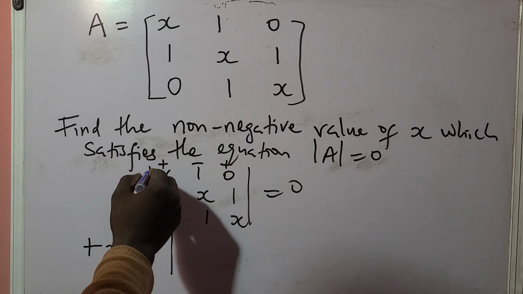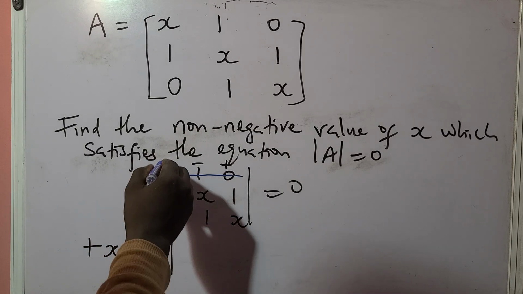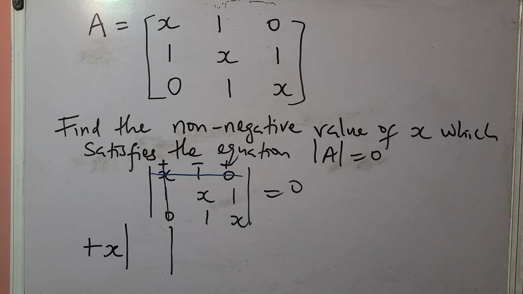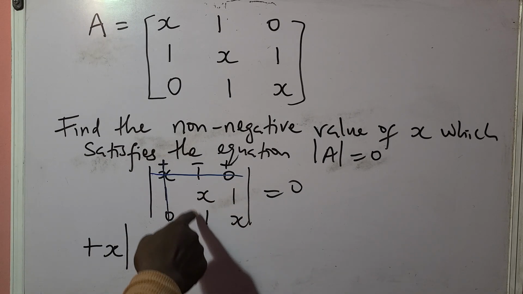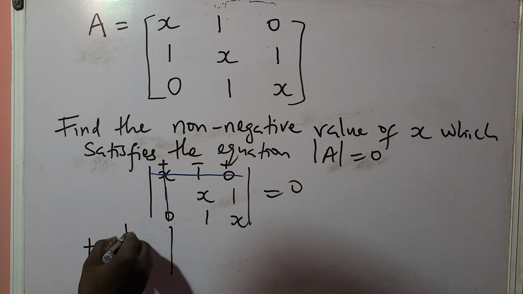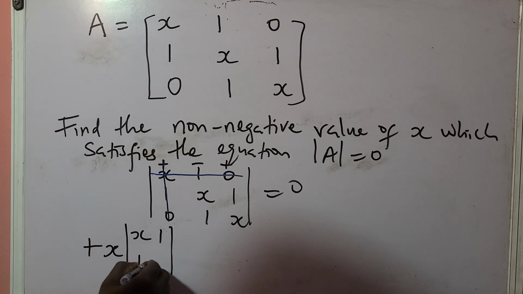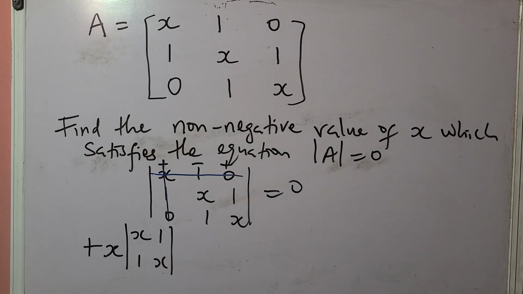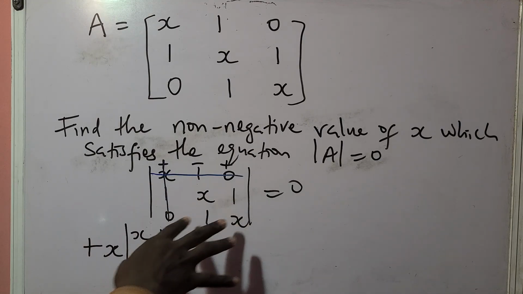So you trace this out and bring out the remaining values, which are x 1, 1 x. This will be placed in the determinant braces. So that's the first step.